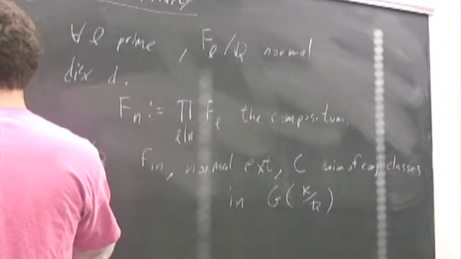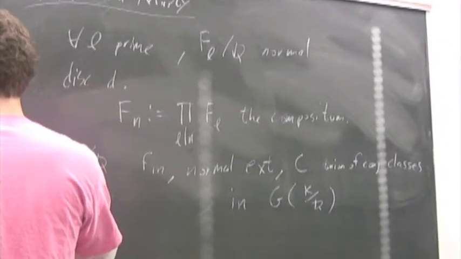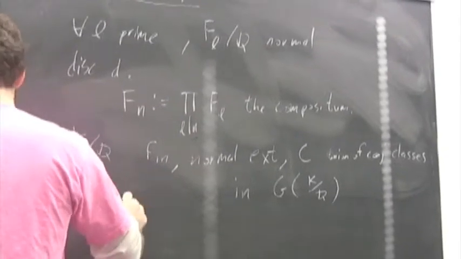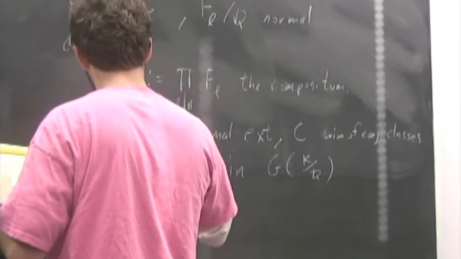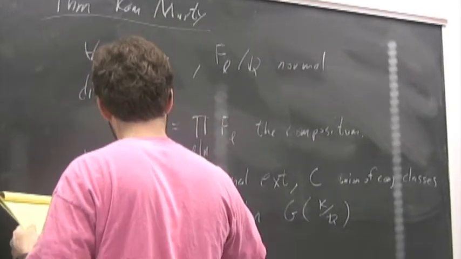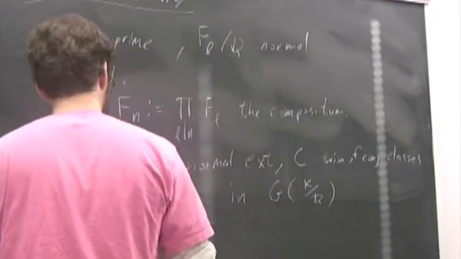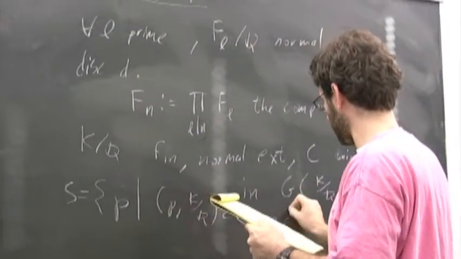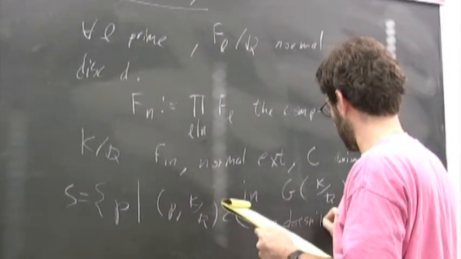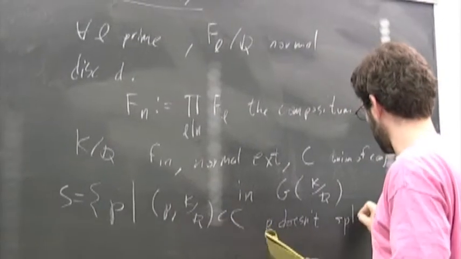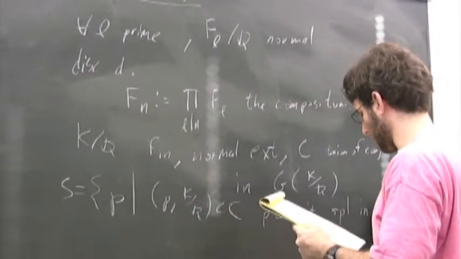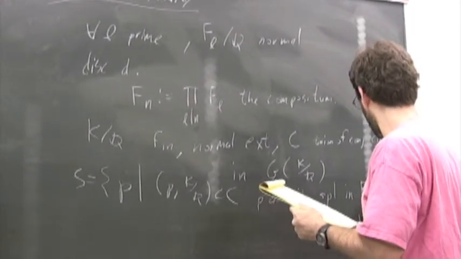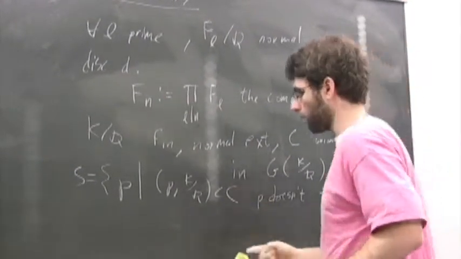So then you have S is the set of primes such that its Artin symbol is in C, and P doesn't split in FL for all L. So this should look familiar, right?